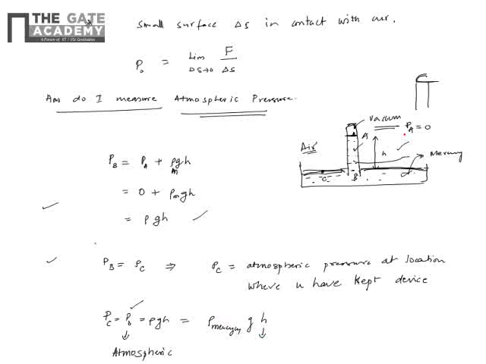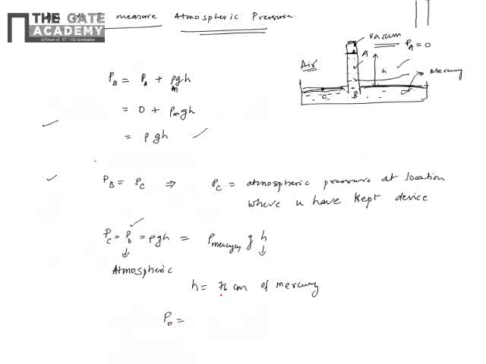So when you do this experiment, we observe that H is close to 76 centimeter of mercury. So H is about 76, and from this I can measure the atmospheric pressure value, because rho I know, it is 13.6 into 10 power 3 is the density of mercury, into G is 9.81, into the height which I get from the experiment is 0.76 meters.